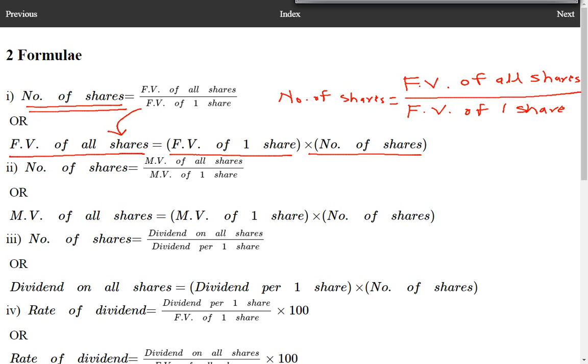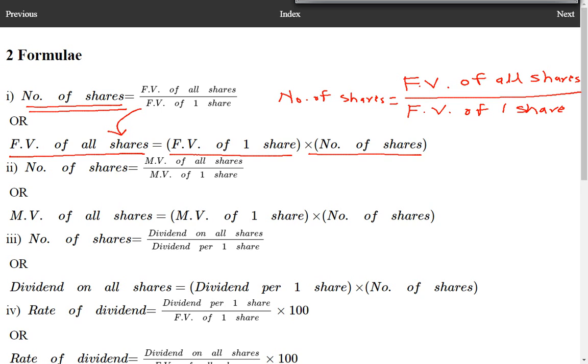For example, if face value of one share is rupees 10 and there are 10 shares, then face value of all shares will be 10 into 10, that is rupees 100. So face value of all shares is nothing but face value of one share into number of shares.